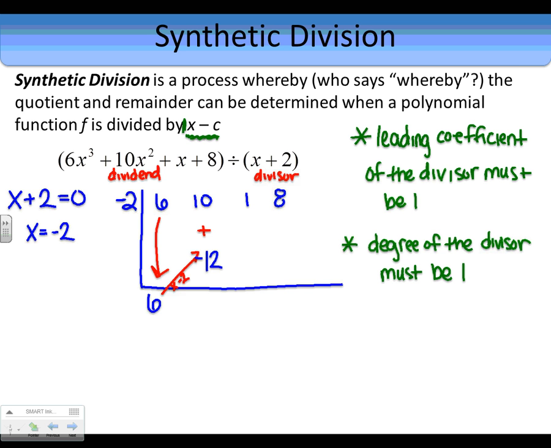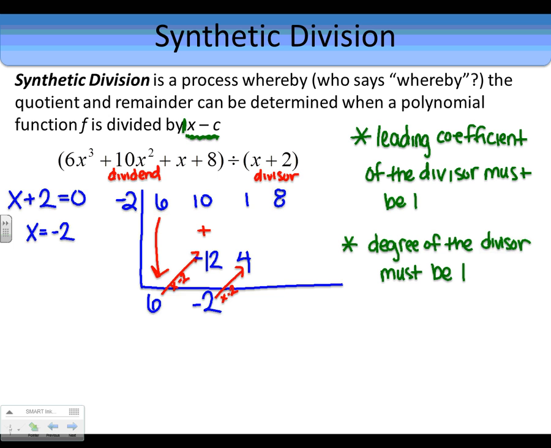And repeat the process. I'm going to take the negative 2 that I got from the divisor and multiply it by that new negative 2 that I just got. So negative 2 times negative 2, and I get 4. And that goes there.